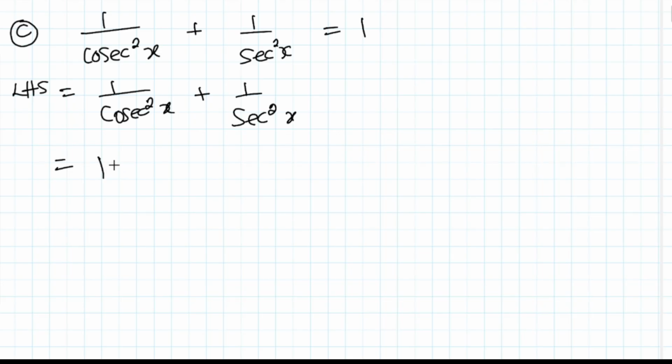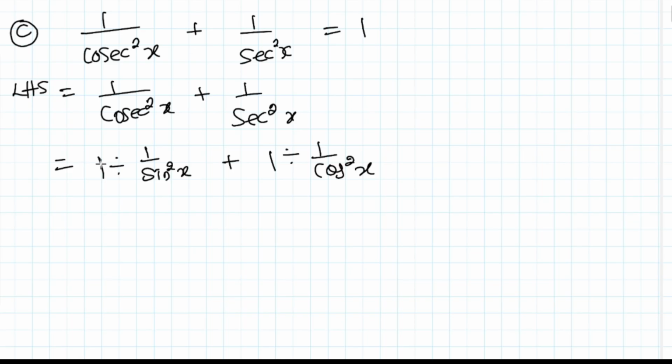Can you see the simplification? Let's do it this way. 1 divided by, you know that cosec square x is 1 over sine square x, right? Plus 1 divided by sec square x, that is 1 over cos square x. Are you following? That is the simplest substitution we can make for now.